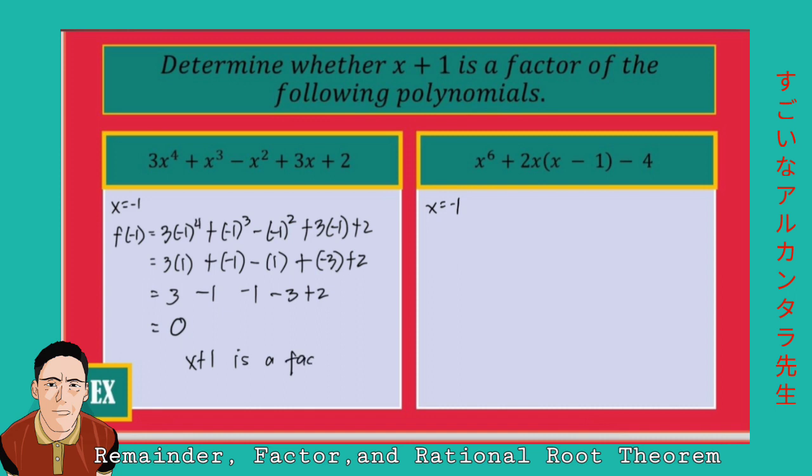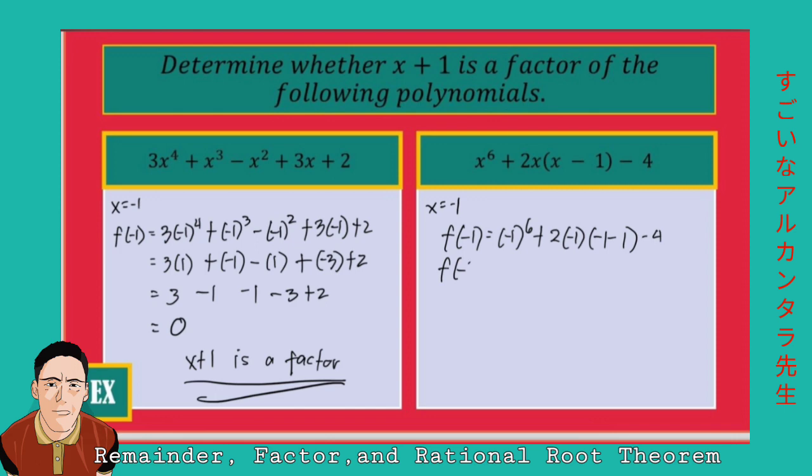So how about the one on the right? So we will have f of -1 here. Let's have -1 raised to 6 plus 2 times -1 times -1 minus 1 minus 4. So if you continue this one, f of -1 is equal to 1 plus -2 times -2 minus 4.